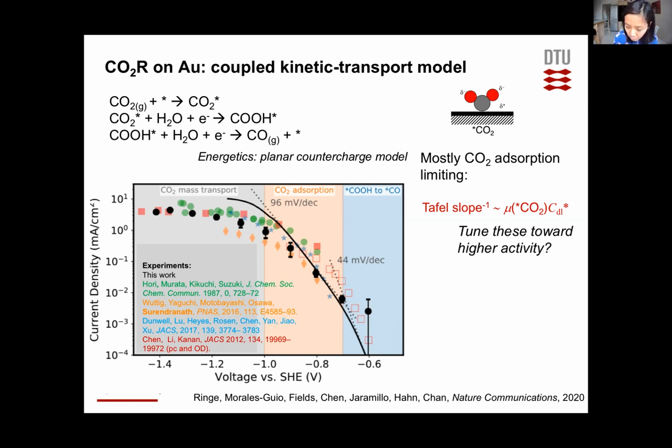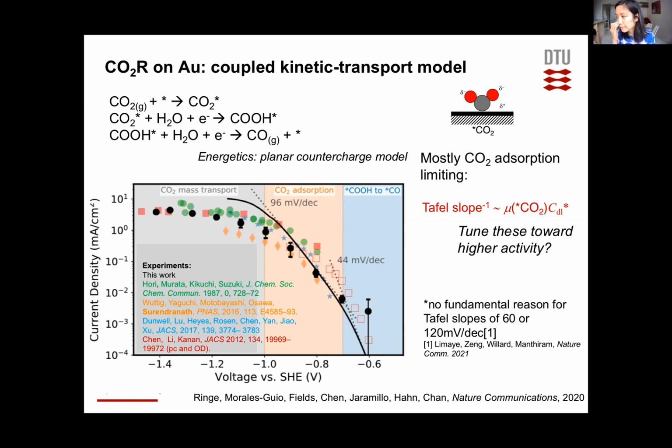I also want to note one other thing, because there's a lot of importance placed on finding what one might call cardinal Tafel slopes of 60 or 120.